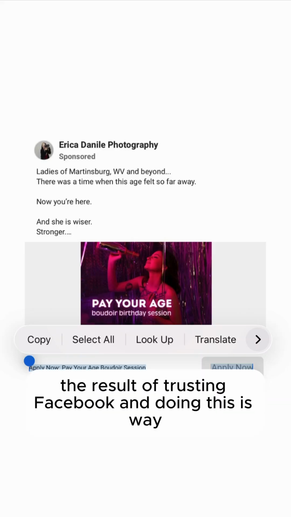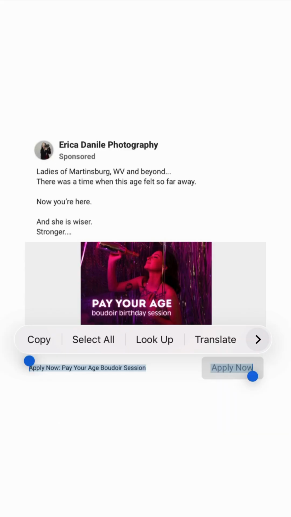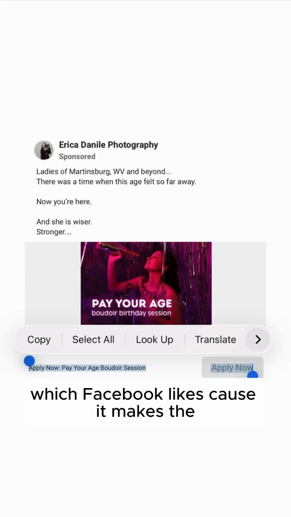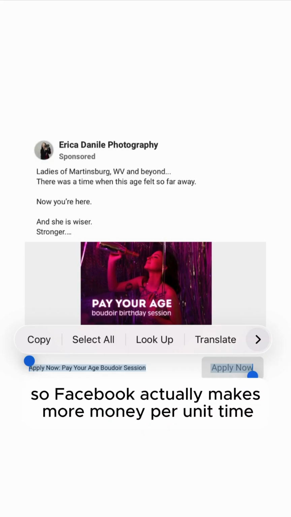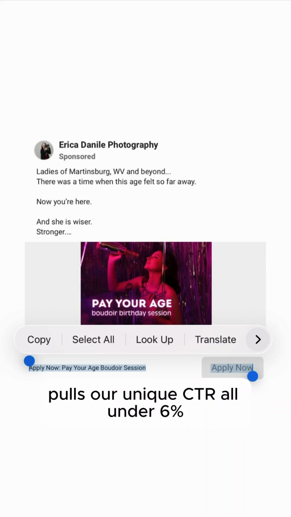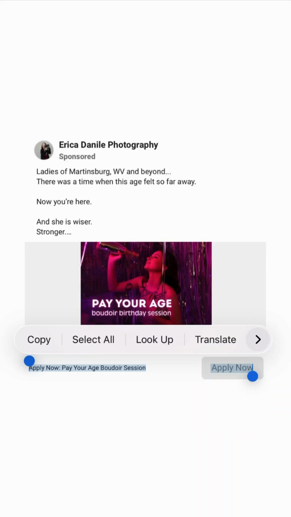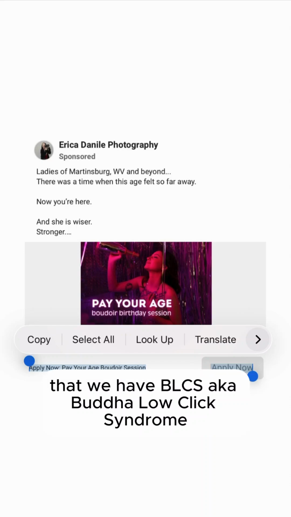The result of trusting Facebook and doing this is way more women scrolling by our Boudoir Facebook ads than necessary, which Facebook likes because they can serve more ads per unit time, so Facebook makes more money per unit time. But it pulls our unique CTR under 6%, and it increases the probability that we have BLCS, aka Boudoir low click syndrome.